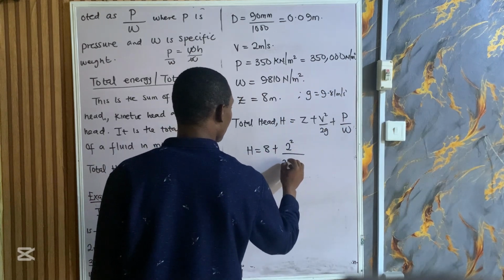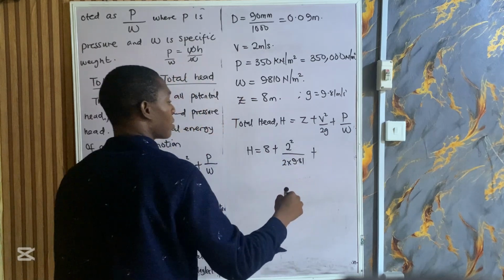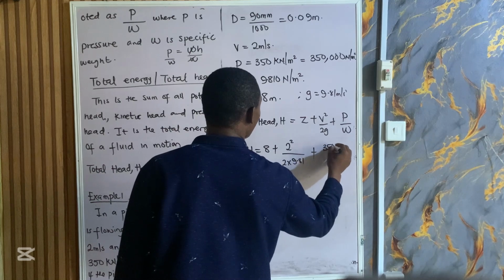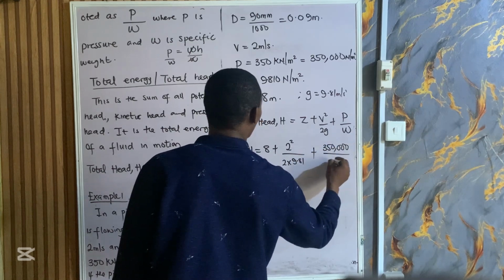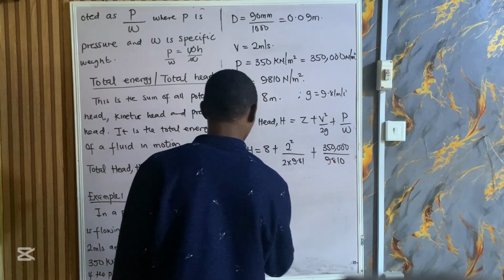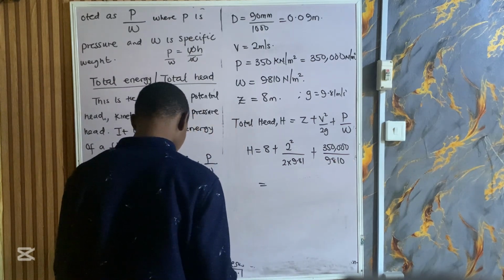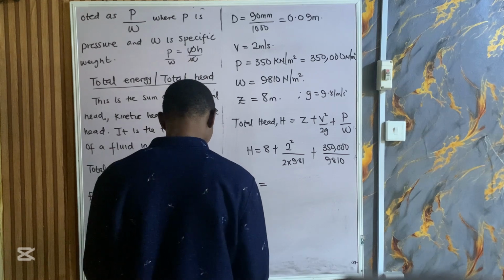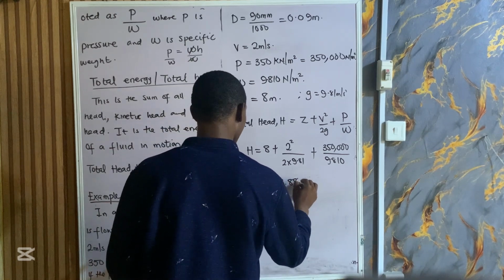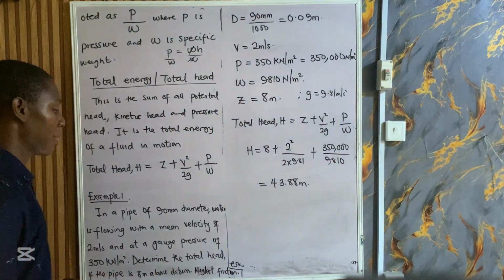So 2 times 9.81, plus P, which is the pressure, 350,000 over the specific weight of water, 9810. So if we do this, we have our total head to be equal to 43.88 meters. So that's that for this question.